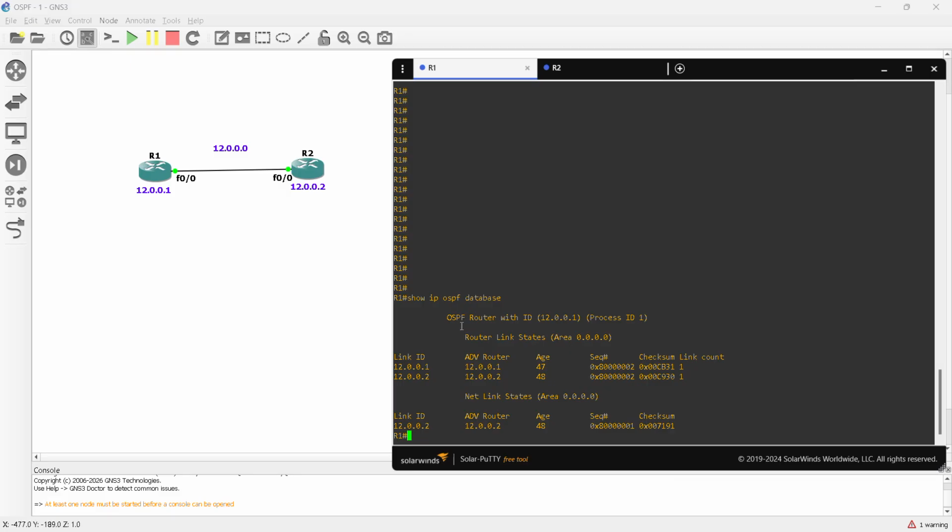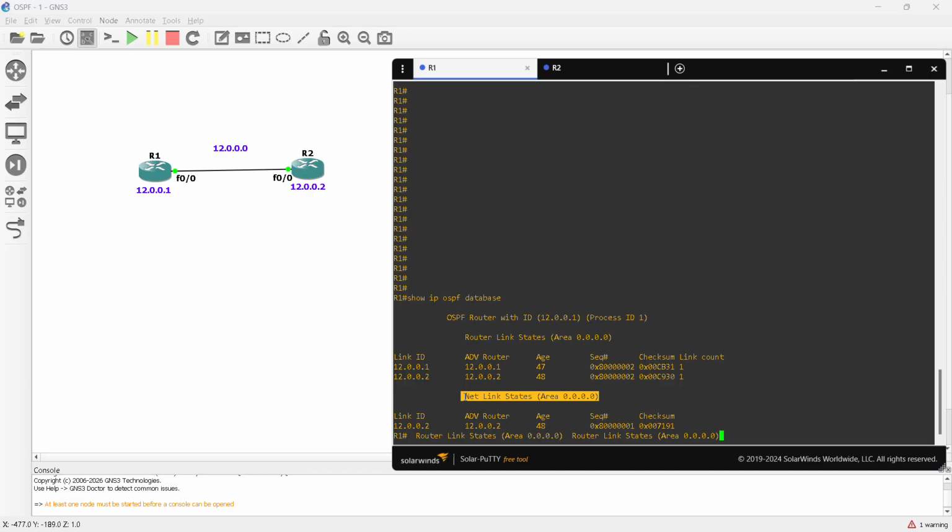This is the type 1 LSA, which is router LSA. The fact about that was that every router generates a router link state advertisement, or router LSA, or type 1 LSA. Now the second type of LSA was type 2 LSA, which was network LSA, right?